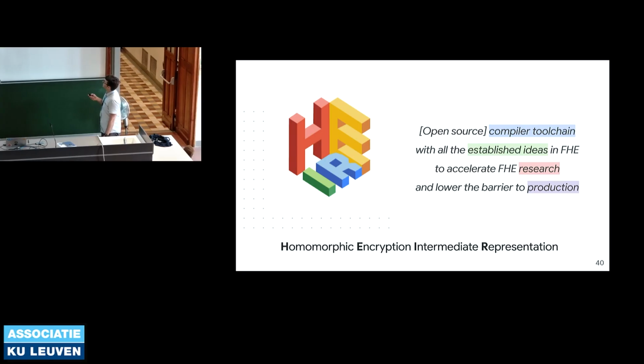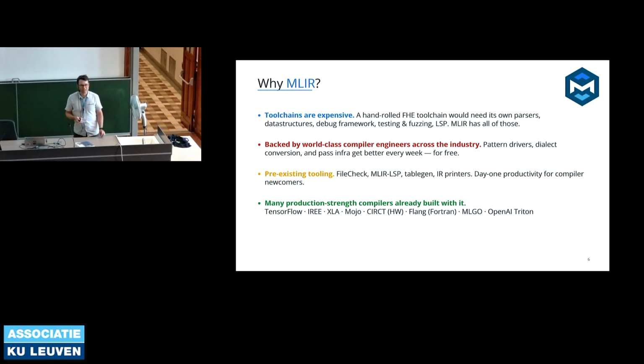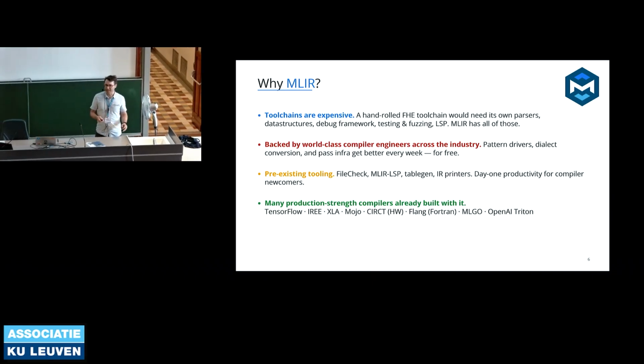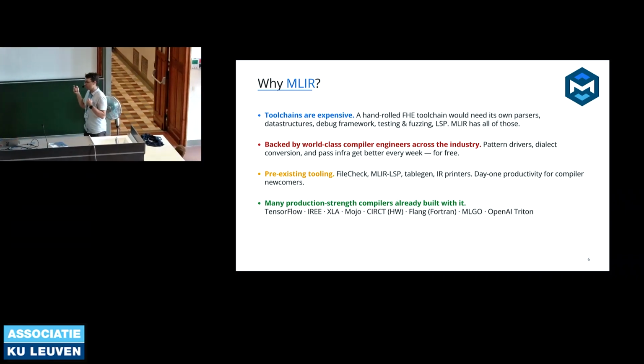I'm also talking about MLIR because I don't want to repeat everything that Walter said, but it's very nice to be able to use this framework because you get a lot of tools that have been developed by compiler experts.